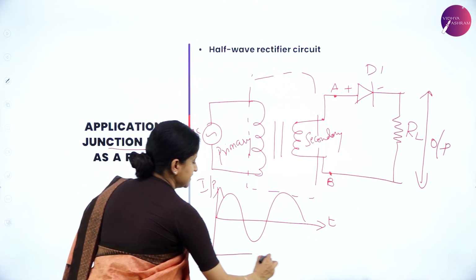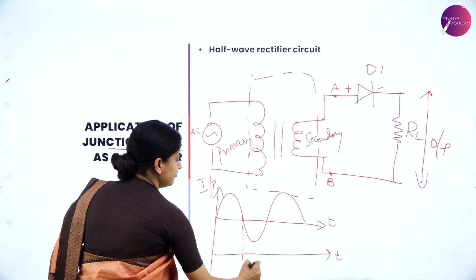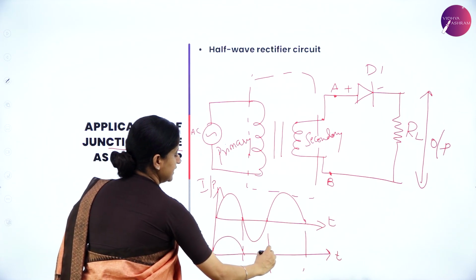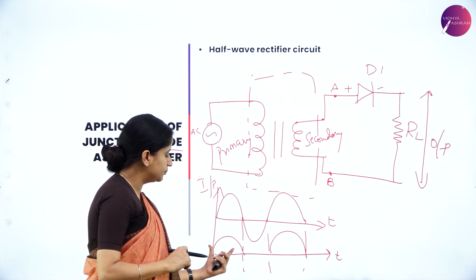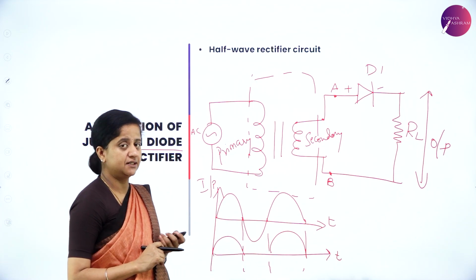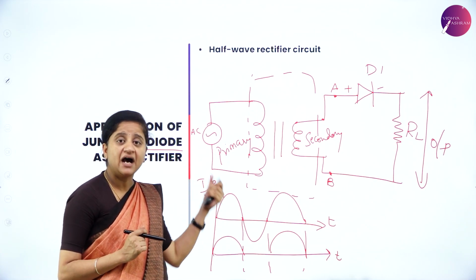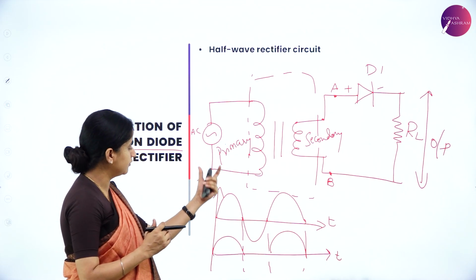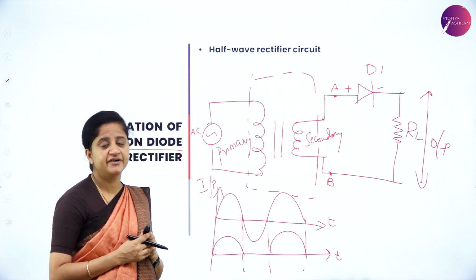After rectification, since it is a half wave rectifier, only half of the AC cycle, that is the positive cycle of the AC signal, will be converted into DC signal, and hence we get output only during the positive half cycle, not during the negative half cycle. So this is the circuit for the half wave rectifier, which is a device where we can get output only during one of the half cycles of the AC signal, and hence the name half wave rectifier.